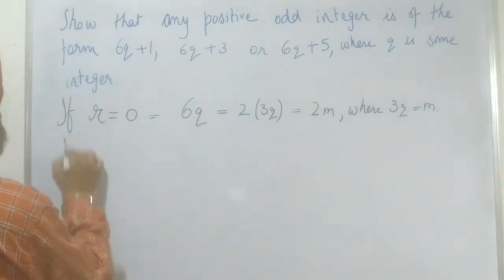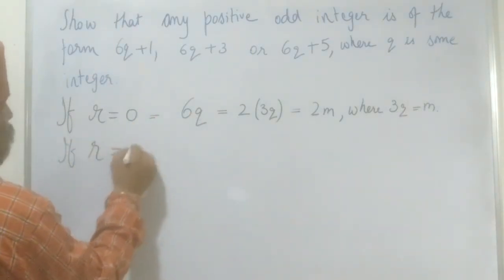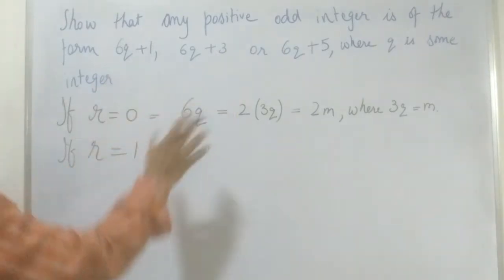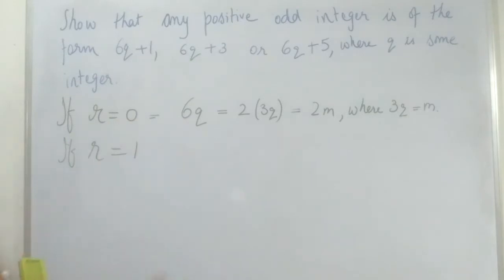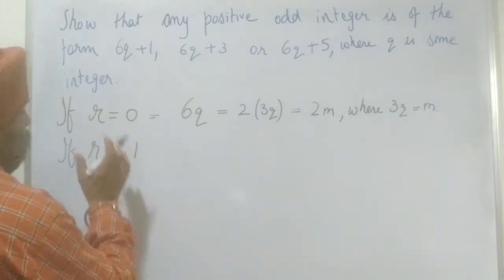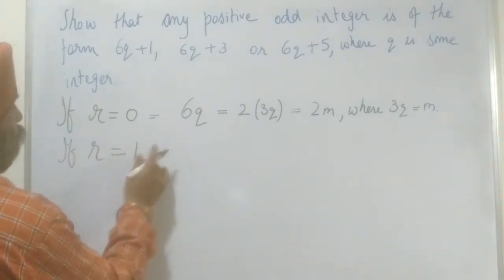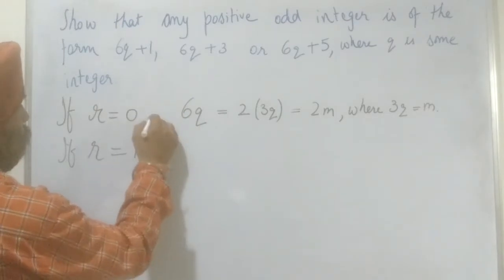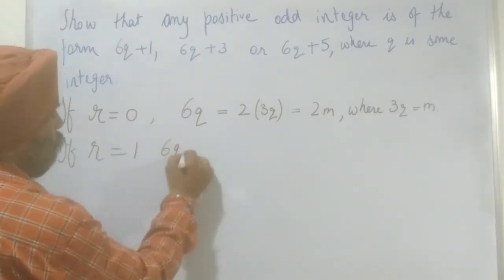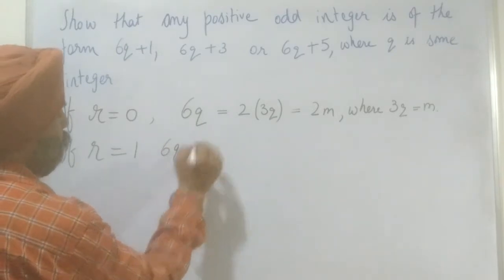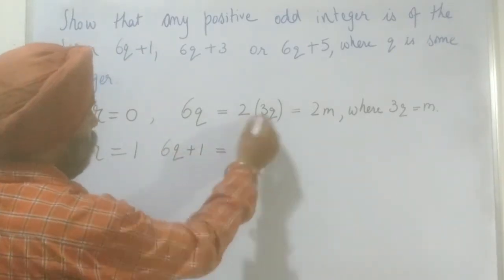Now according to the second condition, we need to take all the remainders less than the divisor, okay? We cannot cross the limit of the divisor, so it should be always less than the divisor. So let's take this. Now remainder is 1 here, so it is 6q plus remainder, which is 1. So let's put it again in this form.